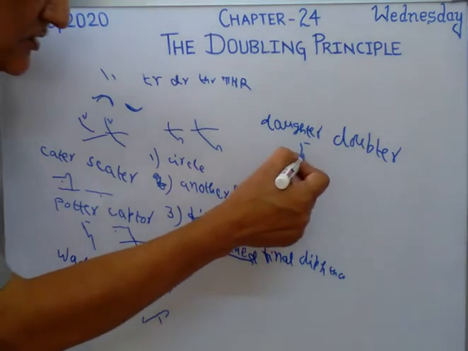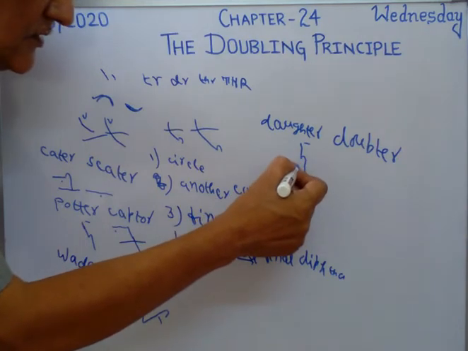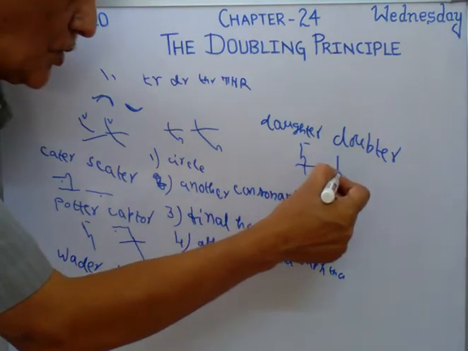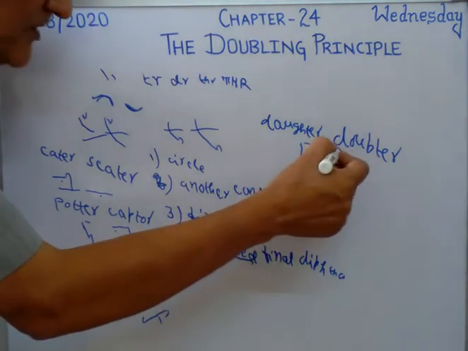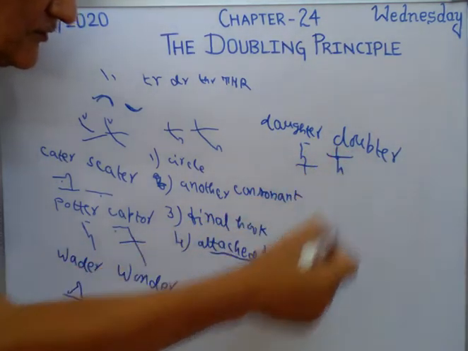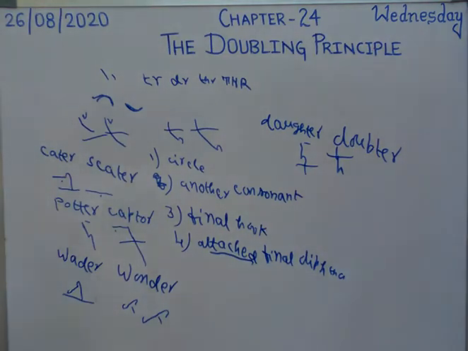So for daughter, you have to write D and ter. Dove, there is an attached diphthong. So here D may be doubled to add the sound of ter, doubter. So these are the four conditions. Either one of these conditions should be satisfied to double a straight stroke.